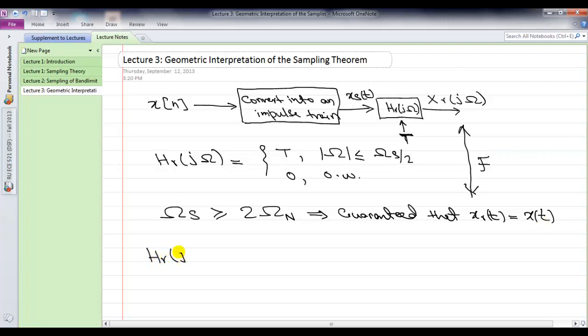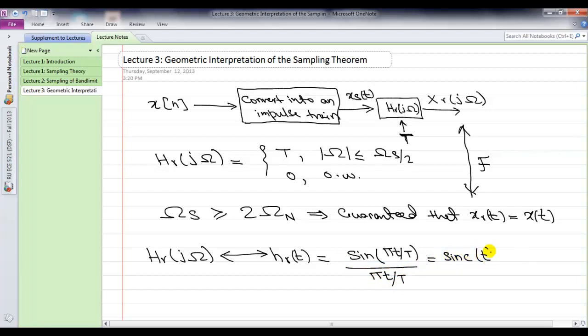This Hr(j omega) is of course the Fourier transform of a filter hr(t). For this ideal reconstruction filter, the impulse response is simply given by sin(pi t over capital T) over (pi t over capital T), which is simply called the sinc function, sinc of t.